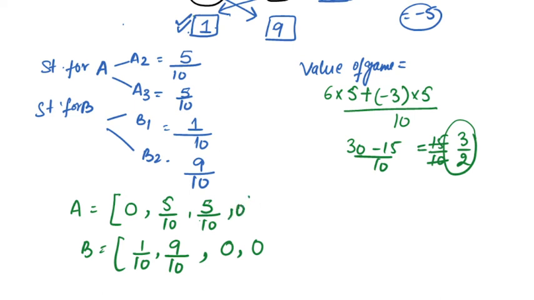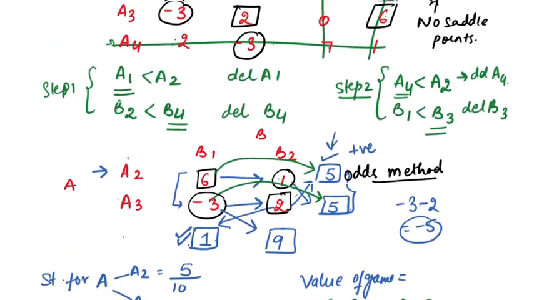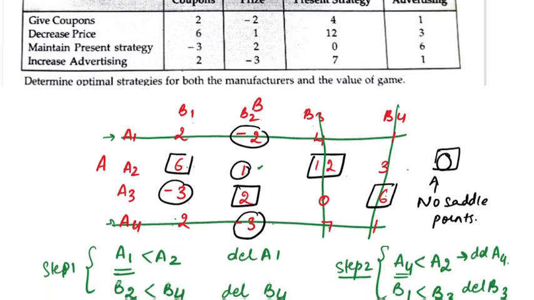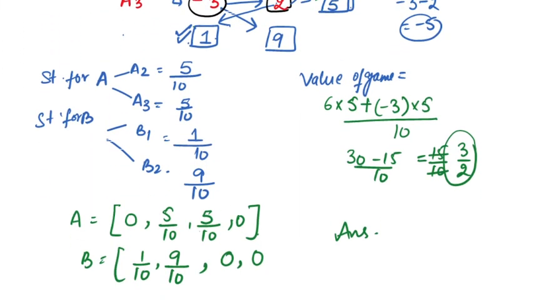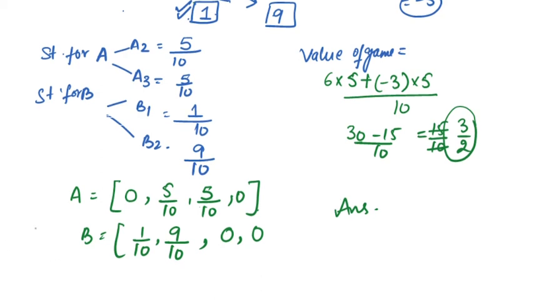So it is 0 for A4 also. So this is the solution. Clear? So this was the dominance method, reducing to 2 cross 2 matrices and then solving by odds method. So in the next video, I will be doing one more question of this dominance.